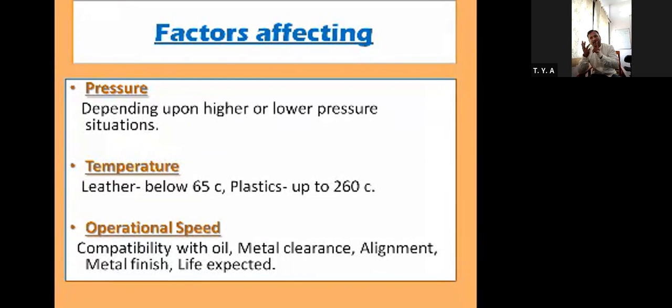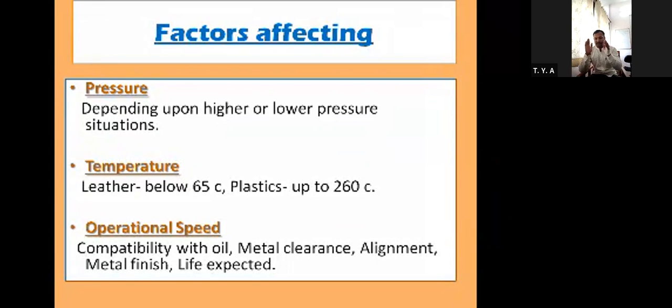Higher pressure leads to more force, that is, more thrust per unit area on your seal. Hence more friction, more heat or wear of the seal may occur. Due to that, pressure is the predominant factor we should take into consideration while selecting our sealing.